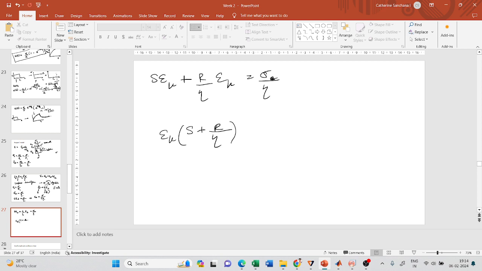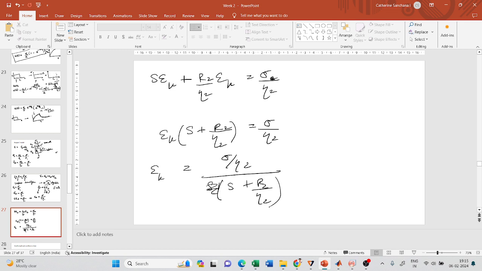R by eta. So this will be R2 eta 2. Right? So epsilon k will be sigma by eta 2 divided by s plus R2 by eta 2. Okay. Now I have three terms without any differential operator, right?